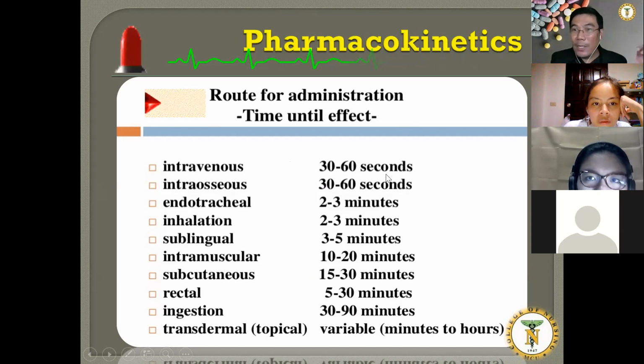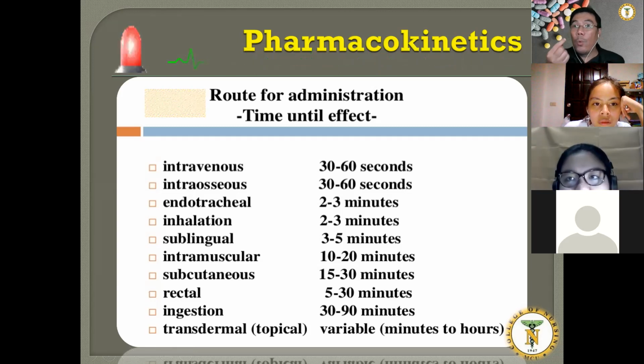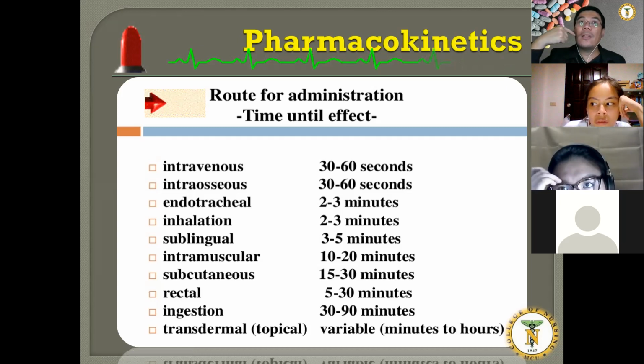So if it is during emergency, intravenous is the best. So intravenous and intraosseous. Intraosseous meaning it's direct to the bone. The next is 2 to 3 minutes for endotracheal and inhalation. What do you mean by endotracheal? Have you seen patients in the ICU where a tube is connected via mouth and extended up to the trachea?